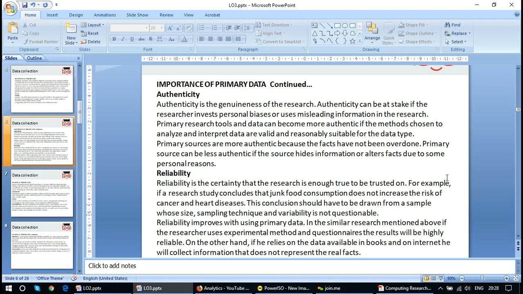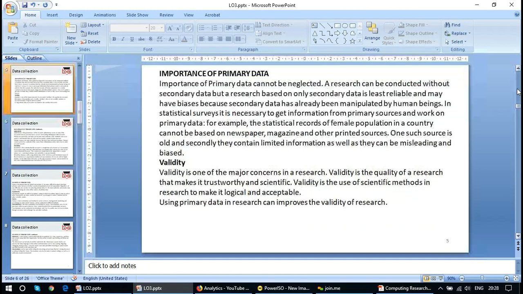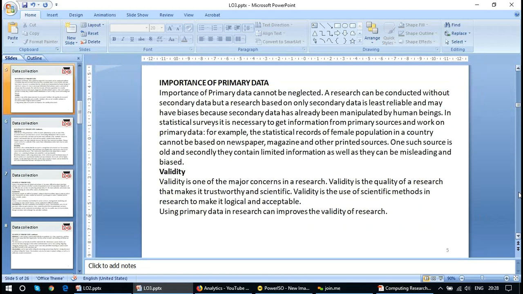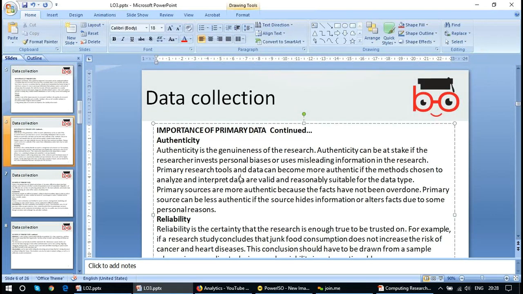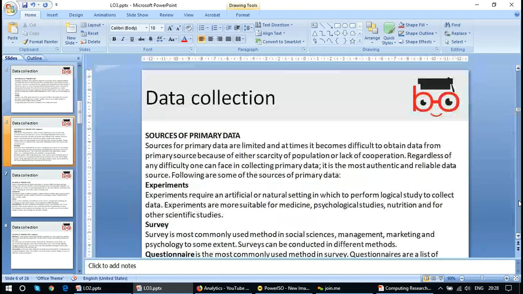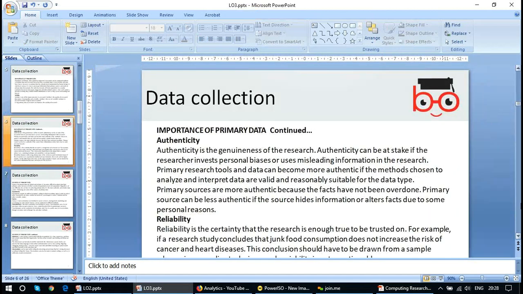Now, on one side, we discussed the validity, that primary data is good enough, but in some cases, you have been advised that you do your own research on the primary data, but if you did the research and you wanted to produce the results, then you yourself may be biased on certain results, and you can alter the results due to some reasons as well.